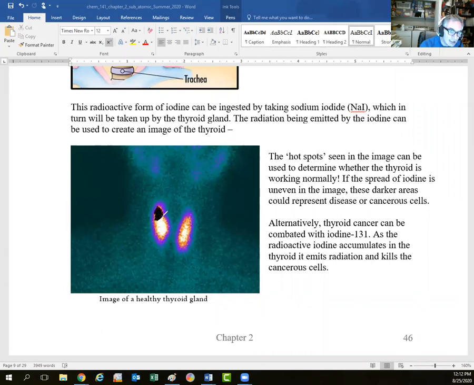So if the intensity of color from one gland to the other was like this, that dark area could suggest that there are actually cancerous cells in the thyroid gland. Could be something else, but cancer could be one of the considerations for treatment. We'll talk more about radioactive isotopes when we get to the end of the semester and chapter 10.